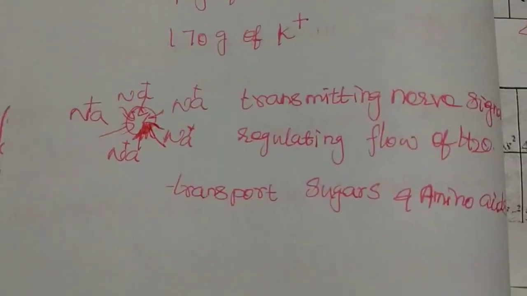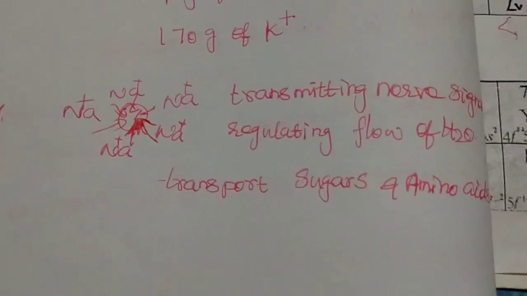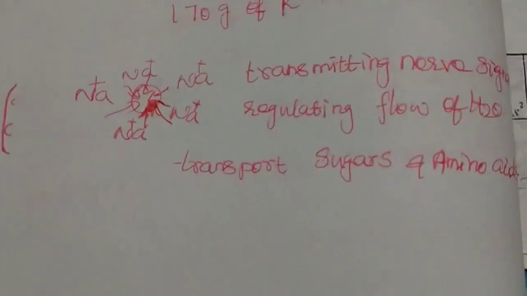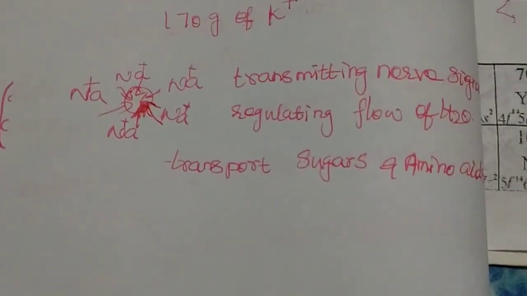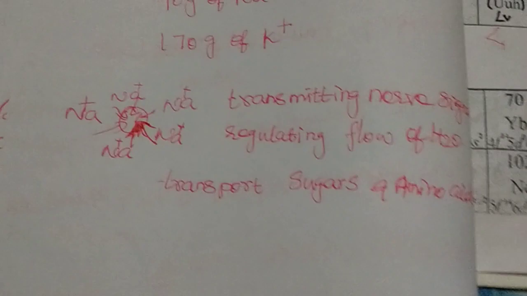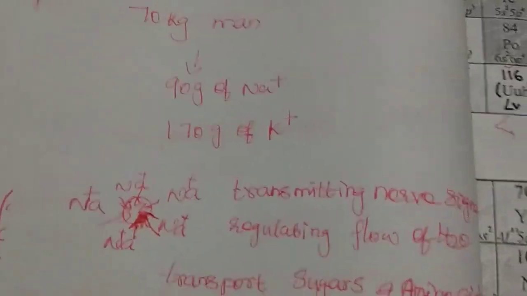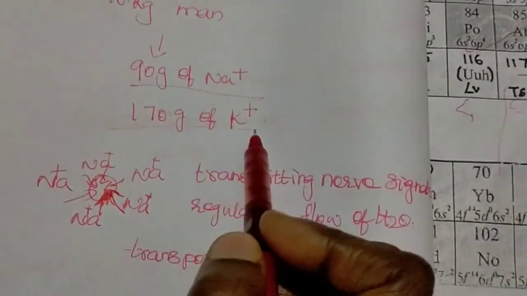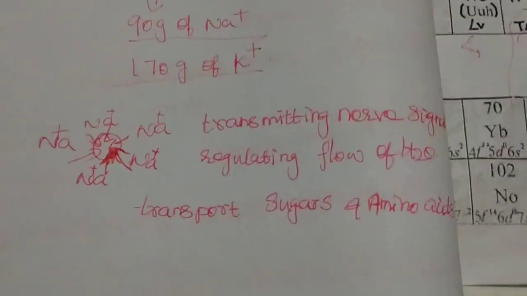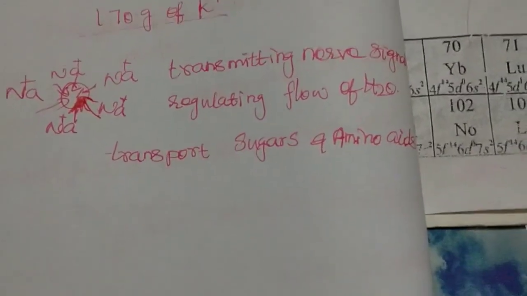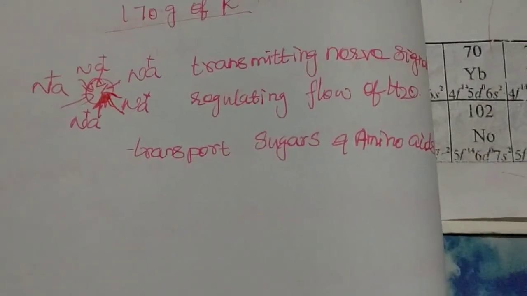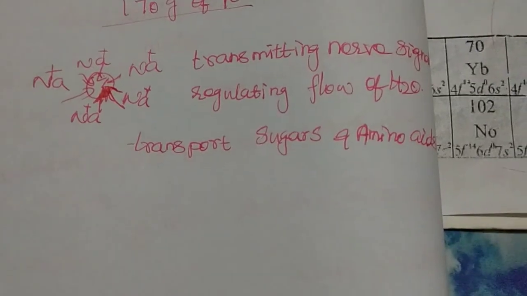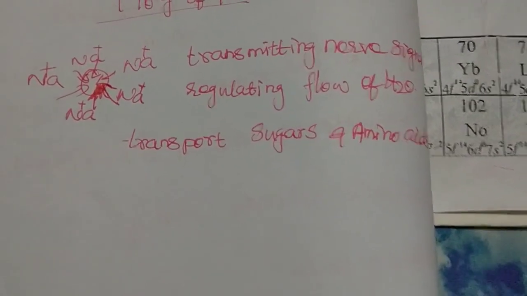Sodium and potassium both react chemically the same, but the quantity present in our body is different. So you can see the different quantities of potassium and sodium in our body. Because of this difference in quantity, they can penetrate the cell membrane.